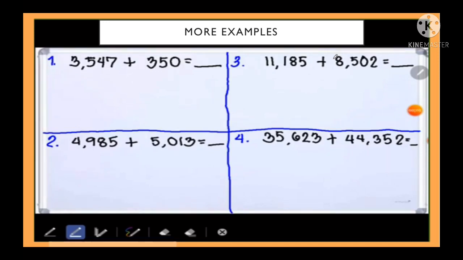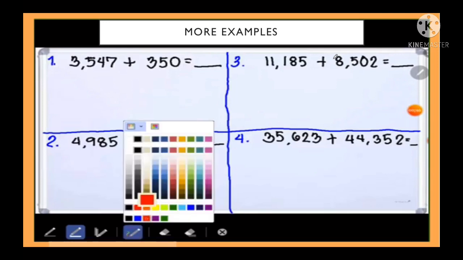Alright, so I have here 4 items. We have number 1, 2, 3, and 4. So, all of these we will use our knowledge about adding without regrouping. Alright? So, I will discuss first why this one is called without regrouping. It's because at some parts of our addition, you will see something like this.